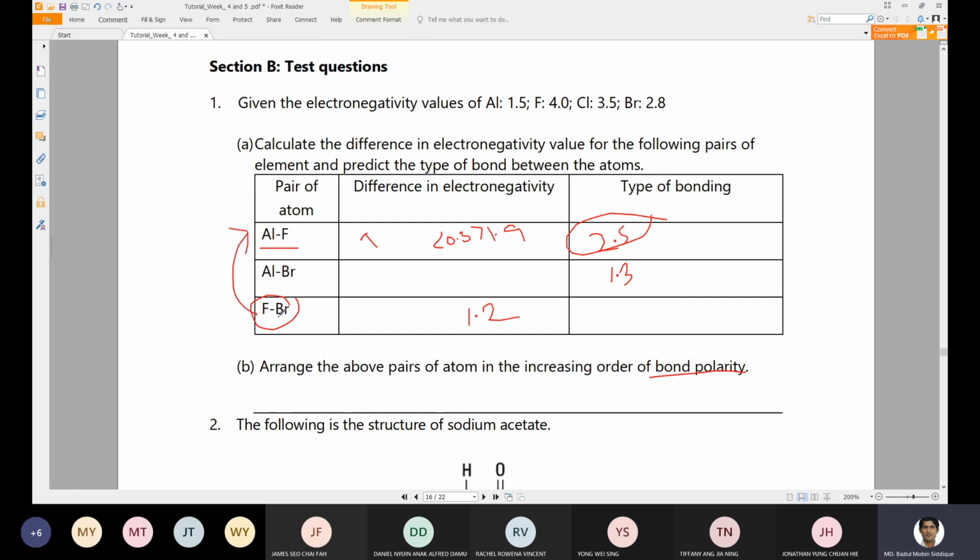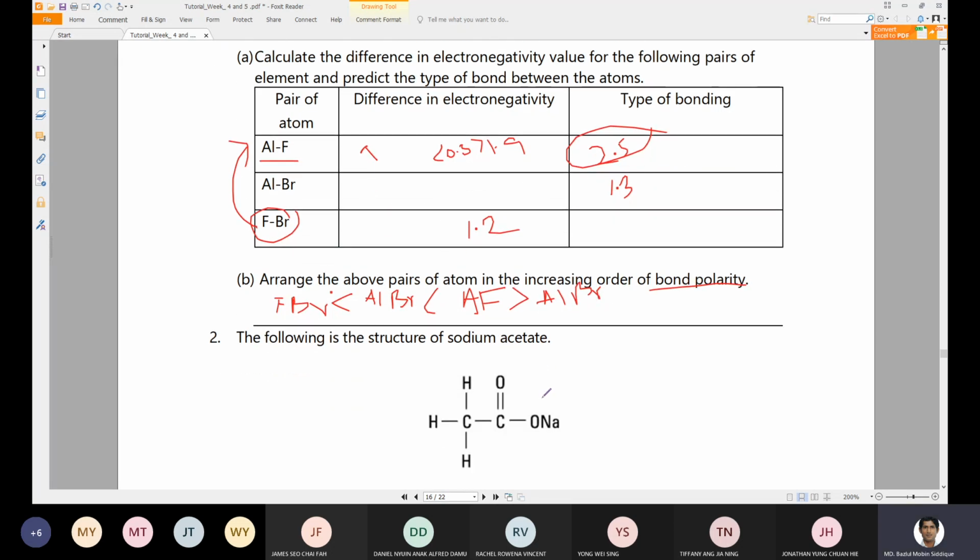So fluorine bromide is less than aluminium bromine; aluminium bromine is less than aluminium fluorine. So in this way we can show that aluminium fluorine is more than aluminium bromine, which is more than fluorine bromide, fluorobromide.